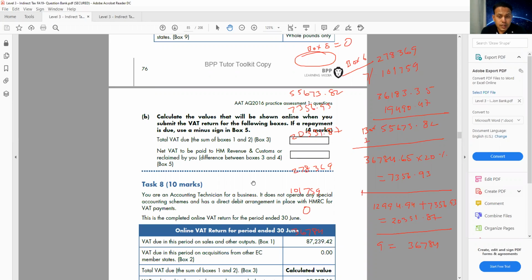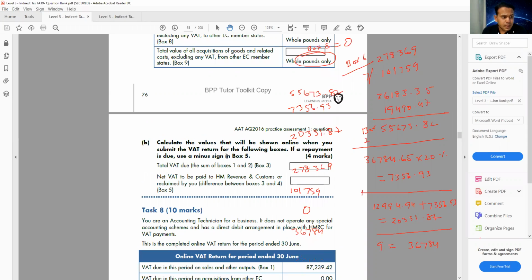Number B is asking, calculate the value that will be shown online when you submit the VAT return for the following boxes. If a repayment is due, use a minus sign.